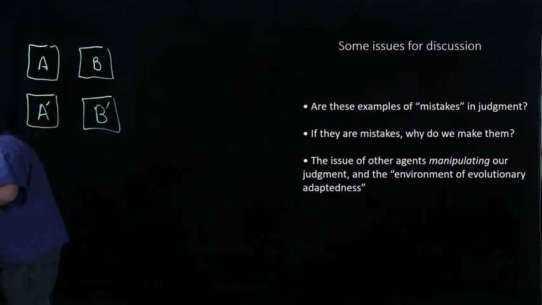Modus ponens and modus tollens are both totally perfect deductions from two earlier sentences. They only have a slightly different syntactic structure. For a machine, these two things are essentially the same. For a person, they're not quite the same. People find it much easier to reason using modus ponens than they do using modus tollens.